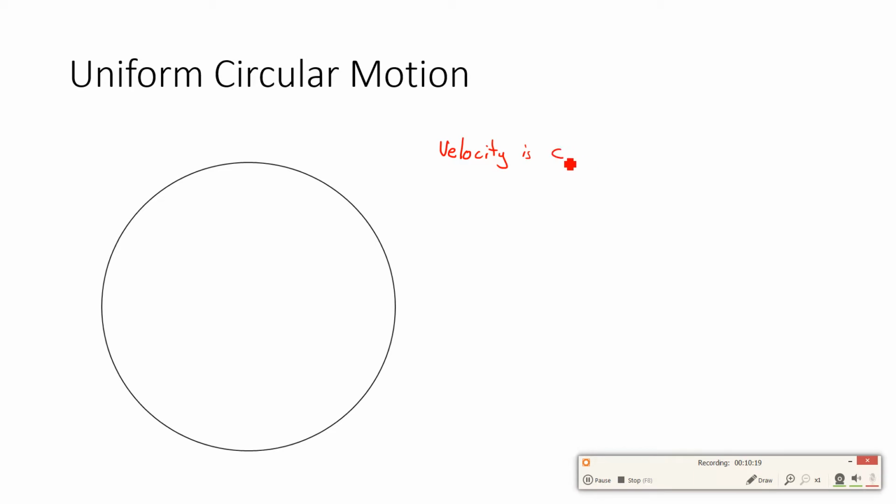Velocity is constantly changing in direction. That was a little sloppy, but velocity is constantly changing direction.